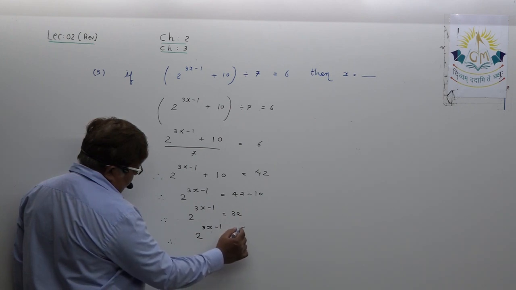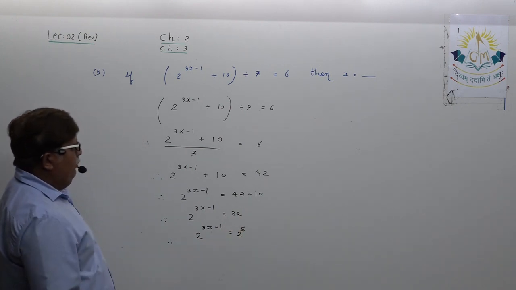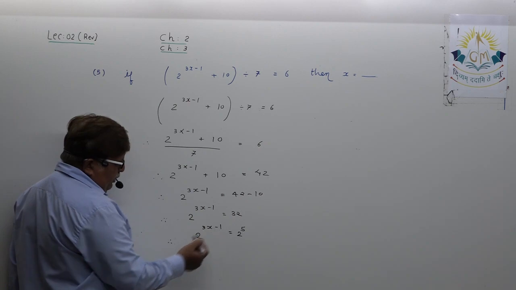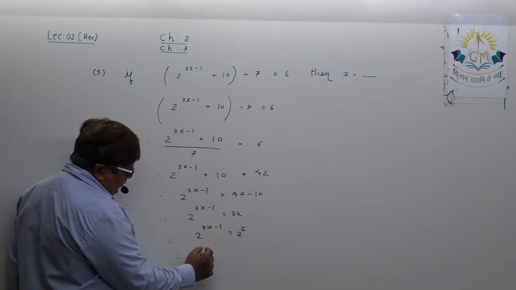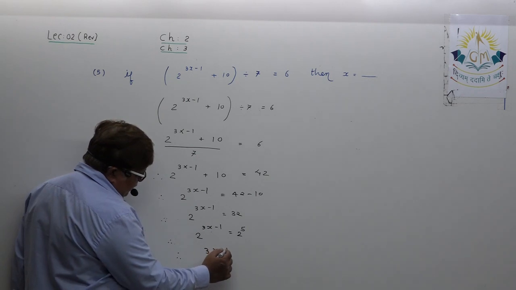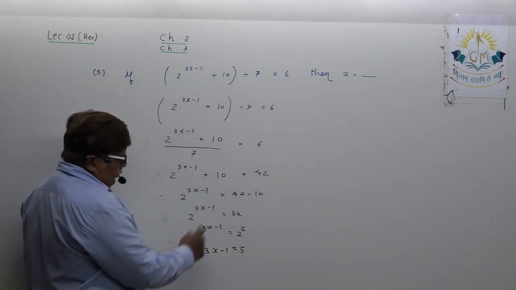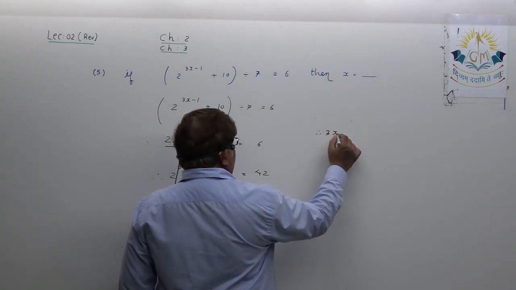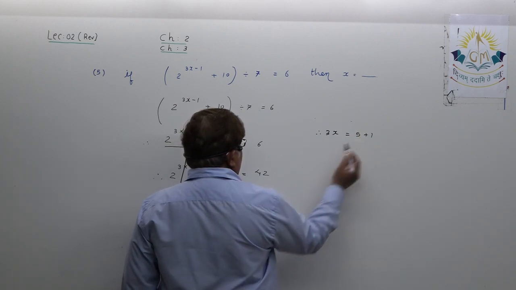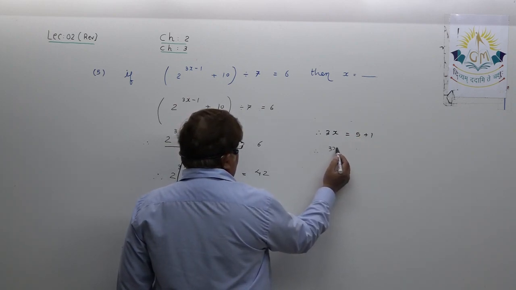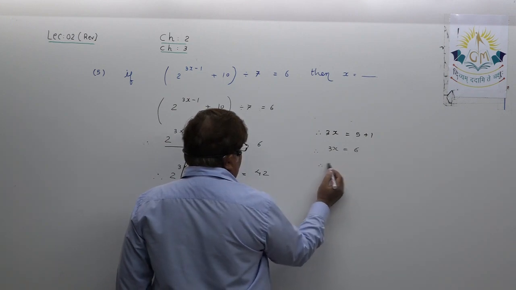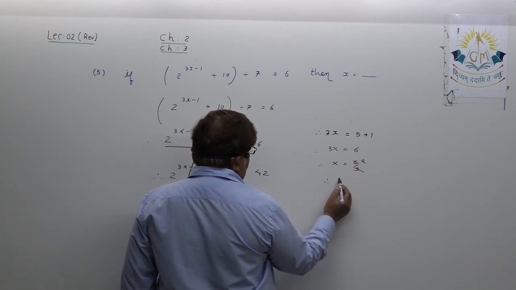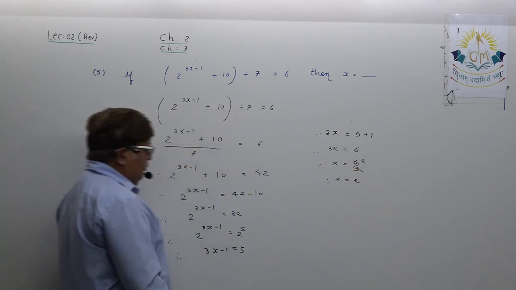It will be 2 raised to 5, because the terms are equal and the base is common, so the powers can be compared. 3x minus 1 equal to 5. Just transfer it. So 3x equal to 5 plus 1. 3x equal to 6. x equal to 6 upon 3. Therefore, x equal to 2.